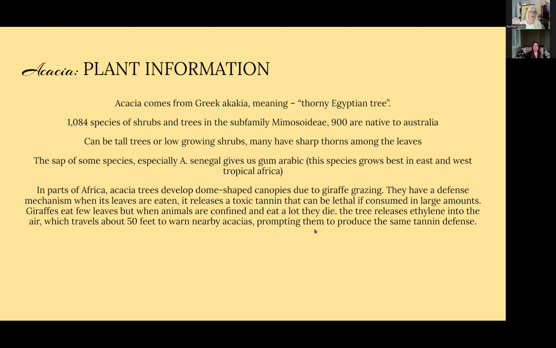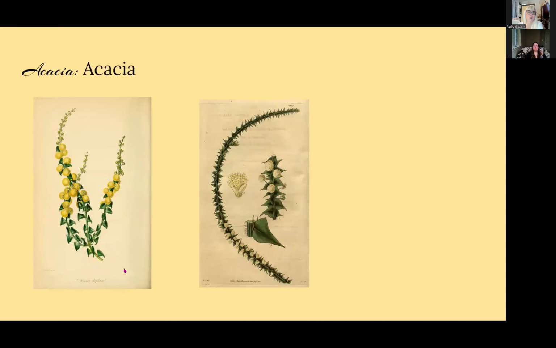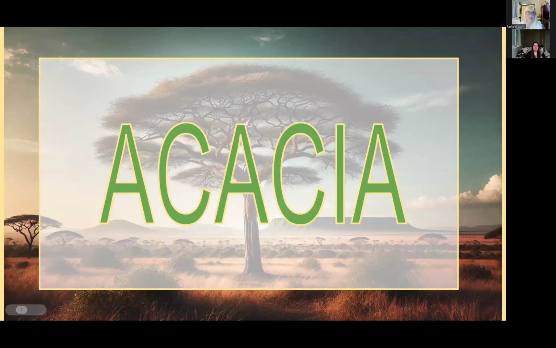In parts of Africa, the acacia trees develop these dome-shaped canopies like the one we saw at the beginning. Let's go back for a moment. See all the ones in the background, the dome shapes?